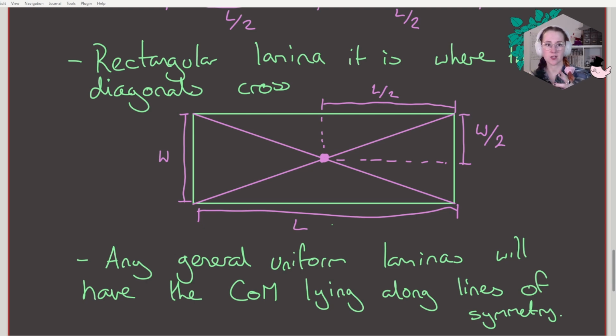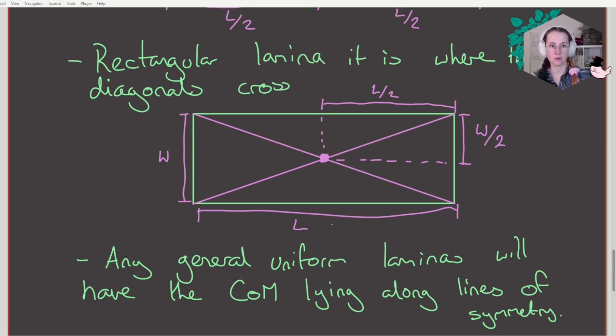And that is precisely because when it's uniform, the mass is evenly distributed across the entire shape. So if it was on one side, the shape wouldn't be symmetric. So it has to be on the line of symmetry. Where you have multiple lines of symmetry, their intersection is where the center of mass is.